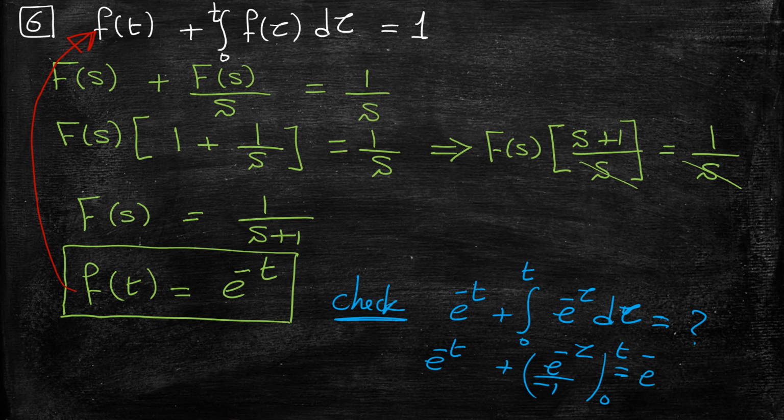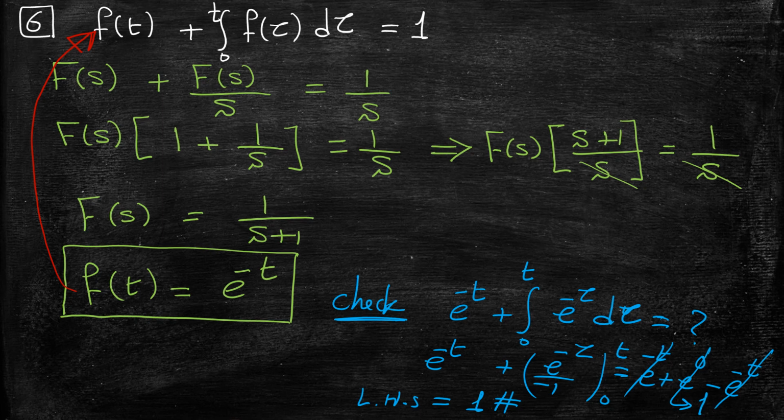This will be e power minus t, and then plus e power 0 minus e power minus t. This cancels each other. E power 0 will be 1, and then this whole left-hand side will be equal to 1. And that's what we're seeking. So that means we have solved this equation. Again, this is not a differential equation as previously discussed, but this one is an integral equation.